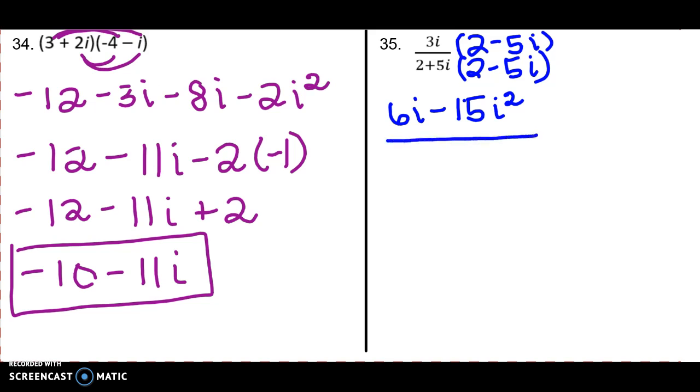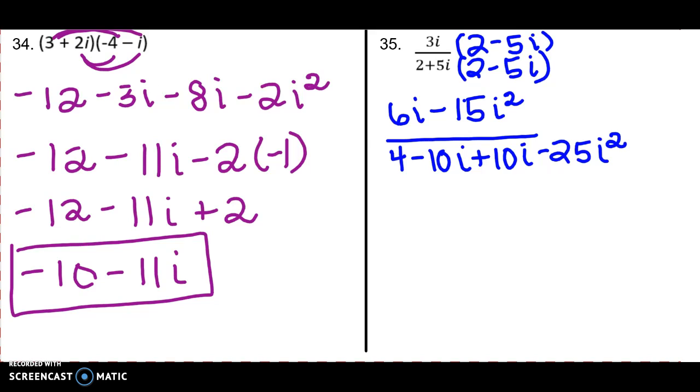All right, in the denominator, we have 2 times 2, which is 4. We have 2 times negative 5i, which is negative 10i. We have 5i times 2, which is positive 10i. And we have 5i times negative 5i, which would be negative 25i squared. Okay, we have a lot of work to do. Remember, all of those i squareds we can replace with negative 1s.